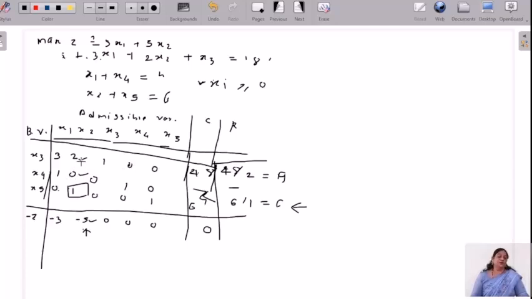Therefore the operation on the first row is R1 minus 2 times R2. Therefore 2 minus 2 is 0. The second row contains the 0 element, and the last one, the fourth row, is R4 plus 5 times R3.